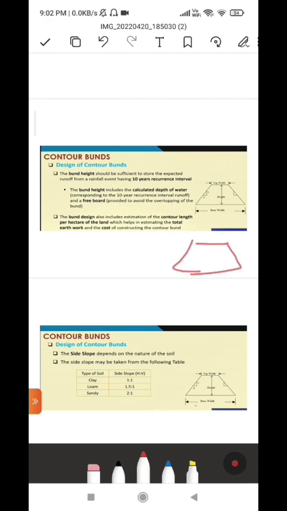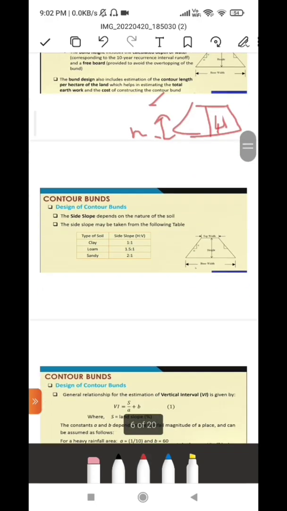Suppose this is our bund, and the total height would be capital H. The small h would be the depth of water. This we are going to calculate theoretically, but there could be overflow too, so we take 25% as the freeboard, and when we add both up, we get the total height of the bund.